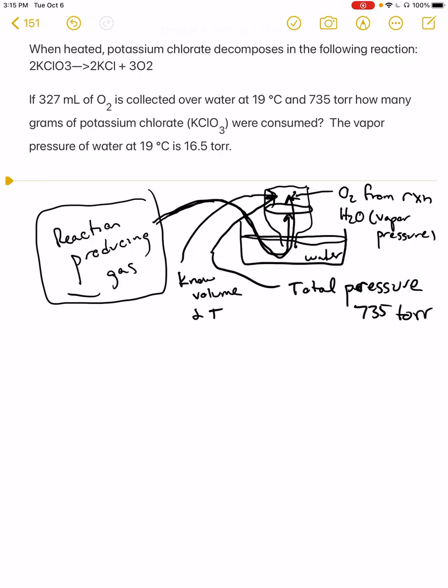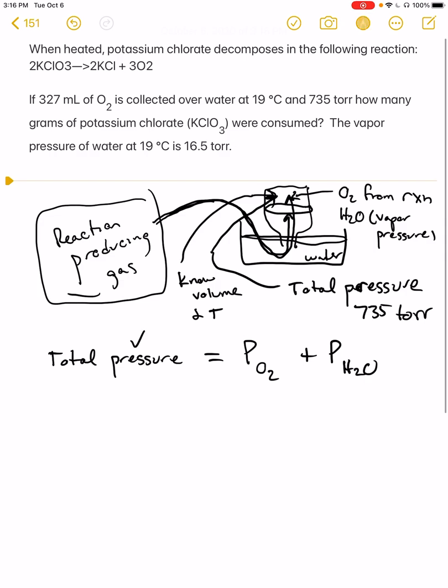So the total pressure of the gas is going to be equal, by Dalton's law of partial pressures, to the pressure of the oxygen produced by the reaction plus the pressure of the water, which is the vapor pressure of water. The total pressure is known, and the vapor pressure of water is known as a function of temperature, so that will allow us to calculate the partial pressure of oxygen.